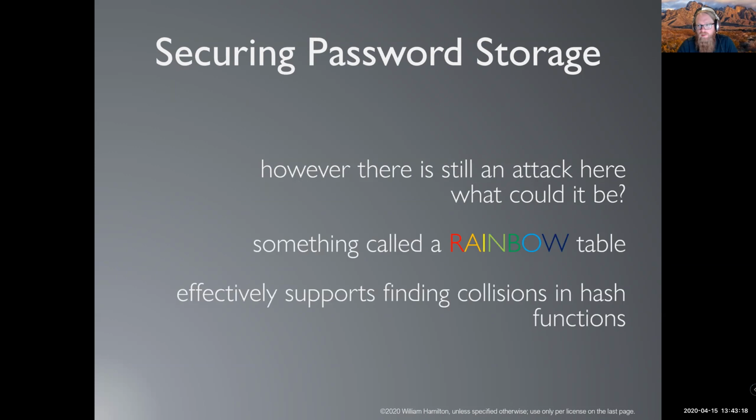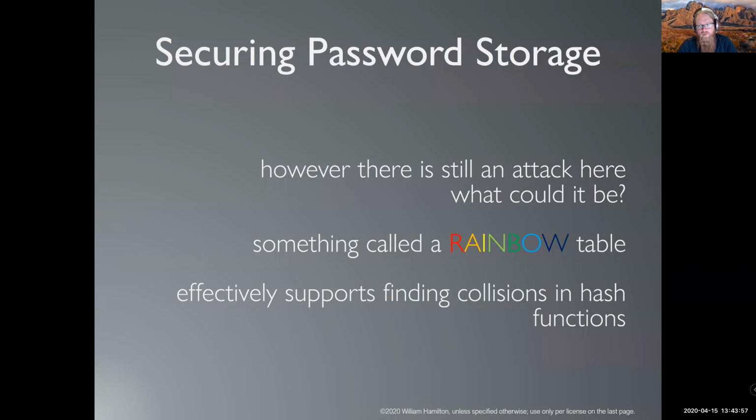There are particular numerical properties of hash functions that make it potentially possible to find collisions, where you can find multiple different inputs that result in the same output. In that case, if an attacker can find something that is a collision with that particular hash value, then they can effectively use that as a password, if that is the only function being used.